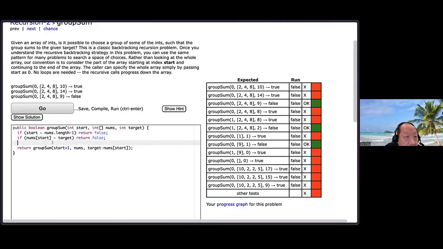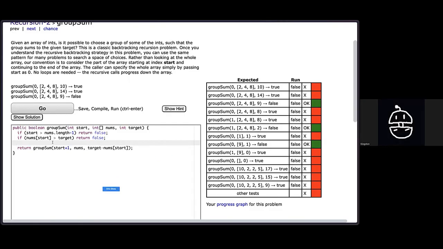Okay, so given the array of integers, the start is a wrong index. That's correct. So this one you actually go i plus 1, i plus plus. So this part is okay. But what you actually have a problem with is this part, you do group sum like this, it is not enough.